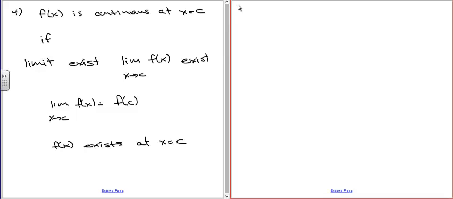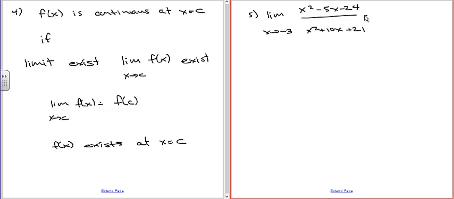Okay, going to the next page, we have another one of these ratios of polynomials. So the first thing we need to do after I've written the equation is to plug in x equals negative 3 and see if we get a number or whether we get indeterminacy.